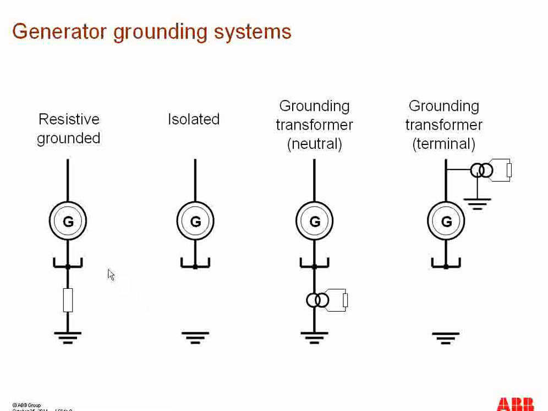Here, a resistance is placed between the generator neutral point and the ground. This resistor is normally in kilo ohms, sometimes 1 kilo ohm, 1.5 kilo ohm, sometimes like this. And this resistive grounding is normally the practice of grounding generators in our IEC world.